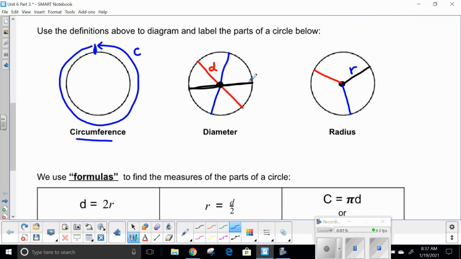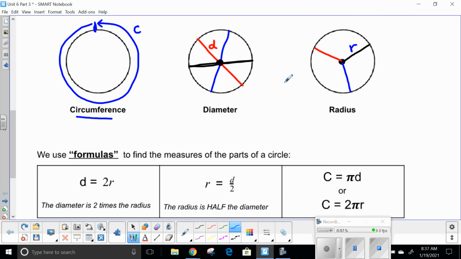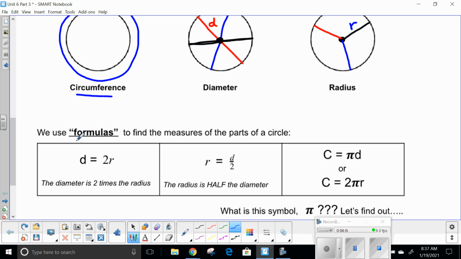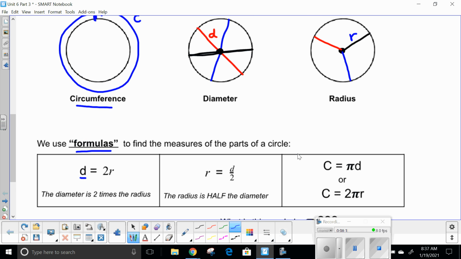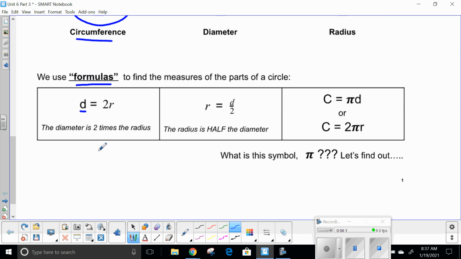Now, how do we actually find the measurements of these parts? Well, we need to understand the relationship and the formulas in order to identify the correct measurements. So let's look at the diameter. Remember, diameter is twice the radius. Think about that for a second. If I have a diameter, I have a line that goes all the way across through the center.